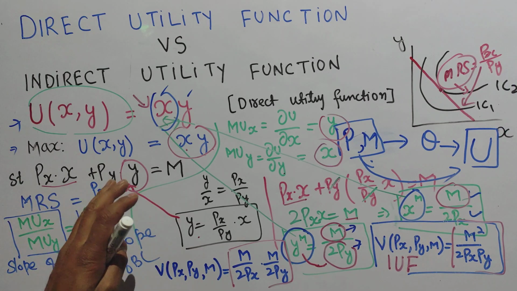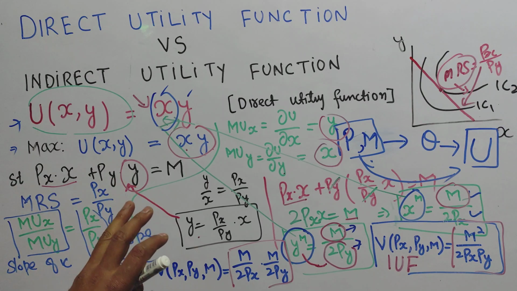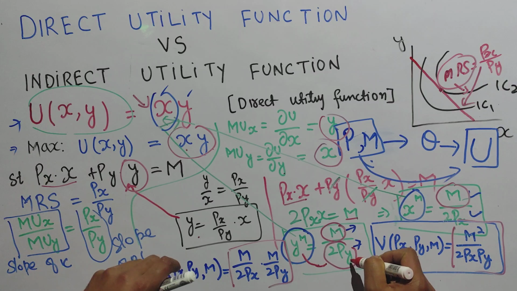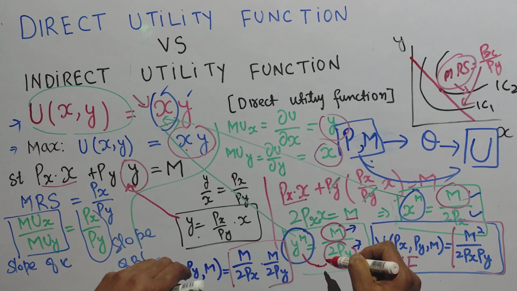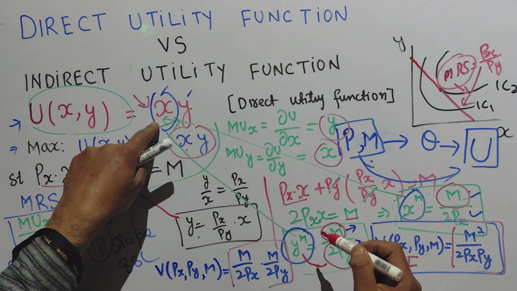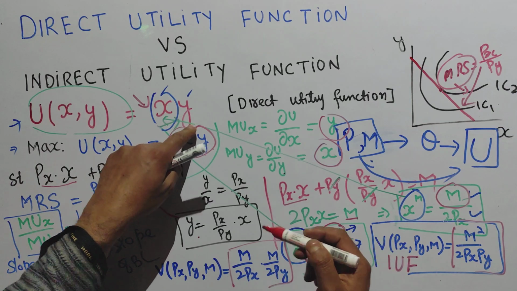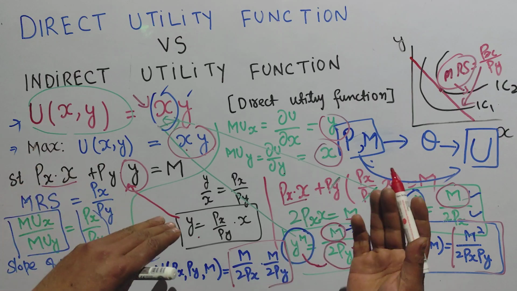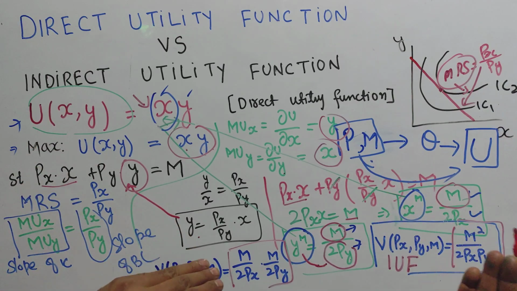Why is it called the indirect utility function? Here you can see, since income and prices determine the quantities purchased, and quantities determine the utility, that means that utility indirectly depends upon the money and prices. Very simple thing.